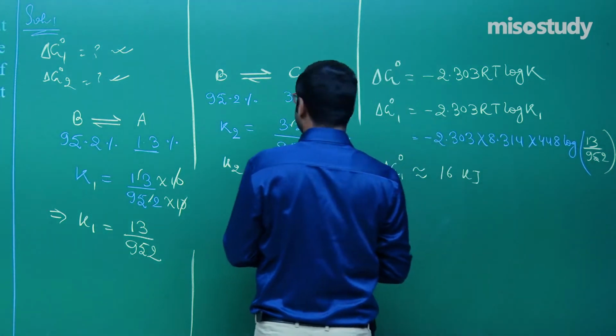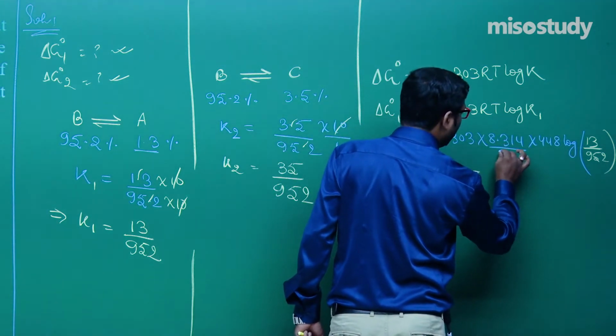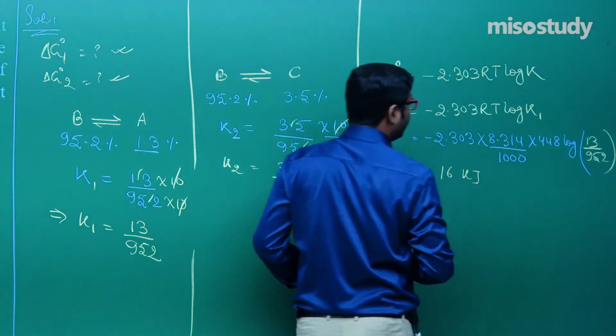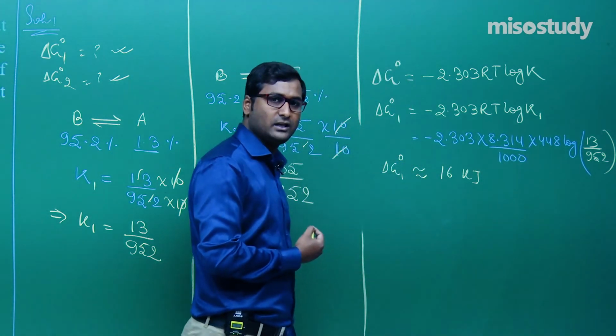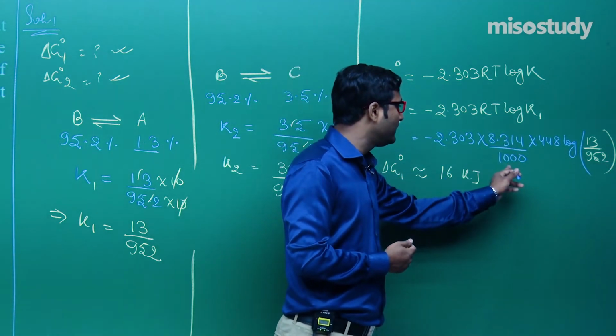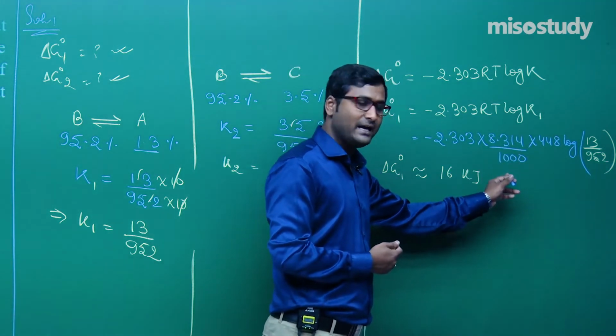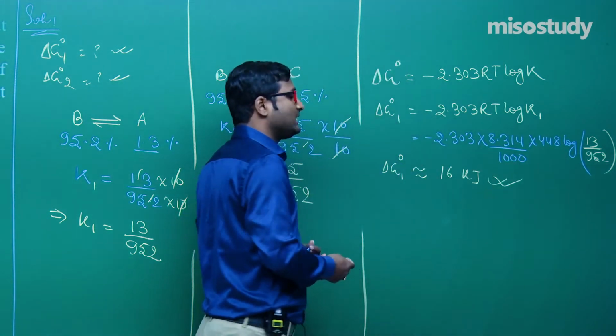Clear to you? When we take joule, that is joule divided by 1000, that is the conversion of R. R is equal to 8.314 joule per Kelvin per mole. How to convert joule into kilojoule: divided by 1000. So the answer of delta G1 is around 16 kilojoule.